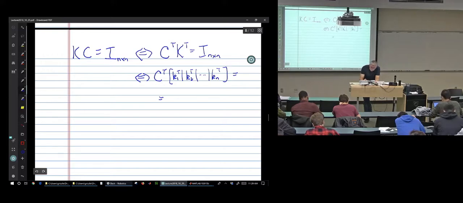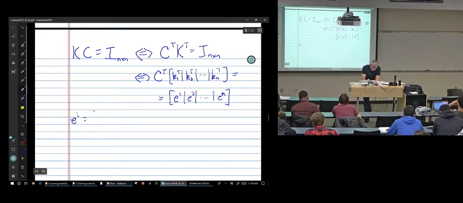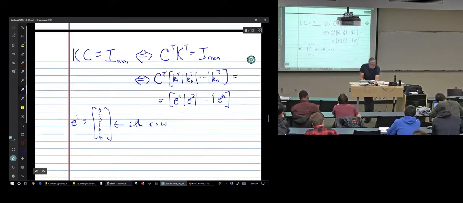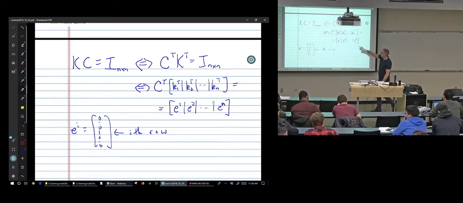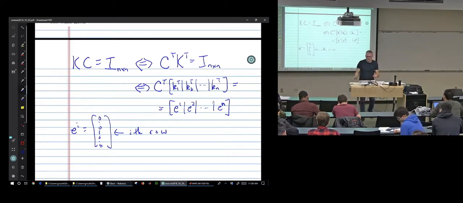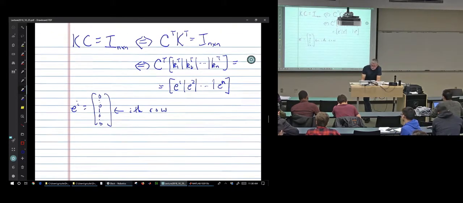Okay. And I'm going to now write the identity as the first unit vector, the second unit vector, and the nth unit vector, okay? Ei is 0, 0, 1, 0, 0, with the 1 in the ith row. Okay, so I'm trying to break this KC thing down into something that I can work with as vectors instead of matrices.